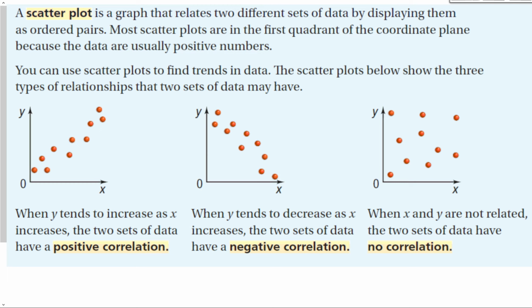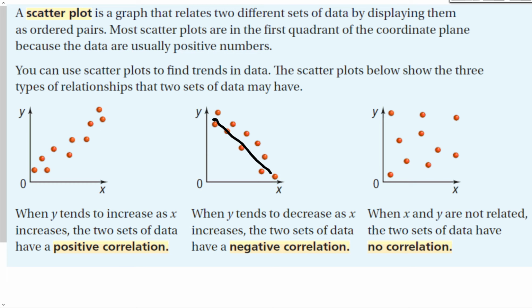You can use scatter plots to find trends in data. The scatter plots below show the three types of relationship that two sets of data might have. So we see here, we kind of have all the data going up. When y tends to increase as x increases, the two sets of data have a positive correlation.